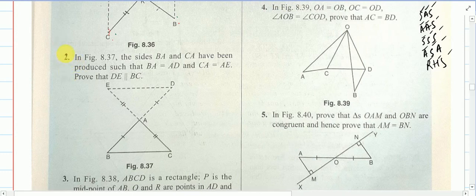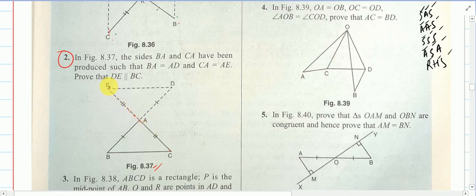Okay, children. So question number 2. In figure 8.37, this is the figure. The sides BA and CA have been produced, meaning they have been extended.